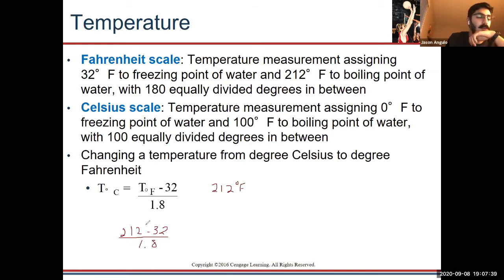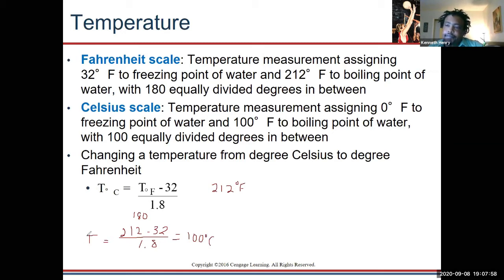Up top, it's 180. So 180 divided by 1.8, yeah, 100. So the answer is going to be 100 degrees Celsius. Piece of cake. So it's kind of plug and chug, right? If you're given temperature in one scale, you can change it by using that equation.